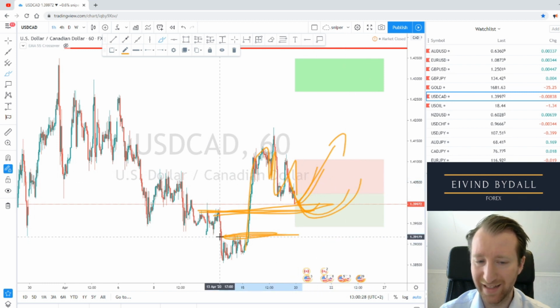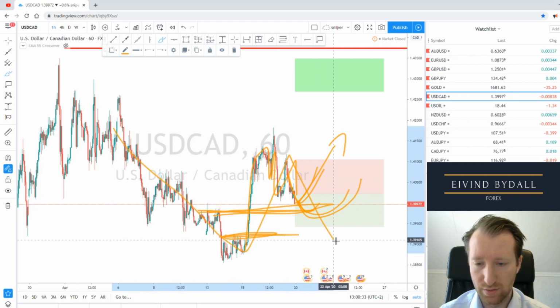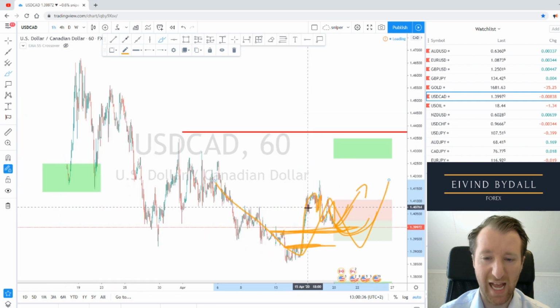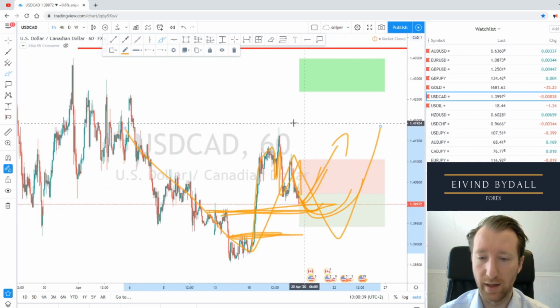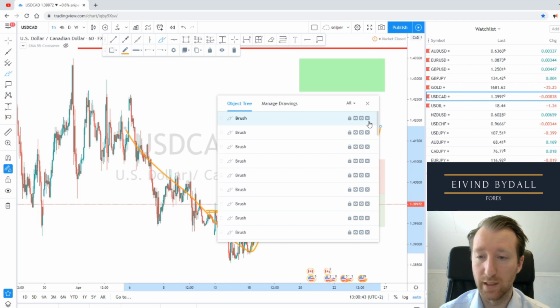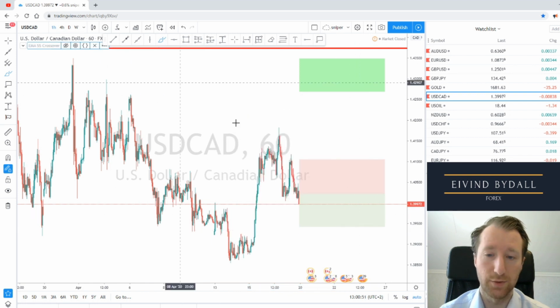Because if it comes down here again, I don't see that as good. Then it's more like a double bottom, a range again, more than a new trend that is strong, healthy, going higher. Okay. So then we have sellers.